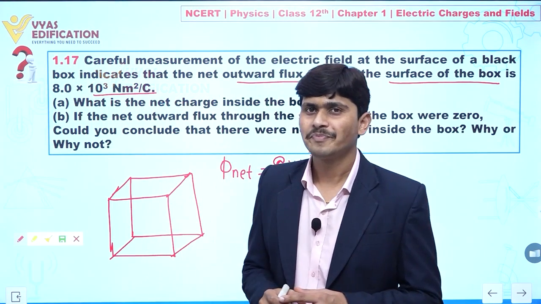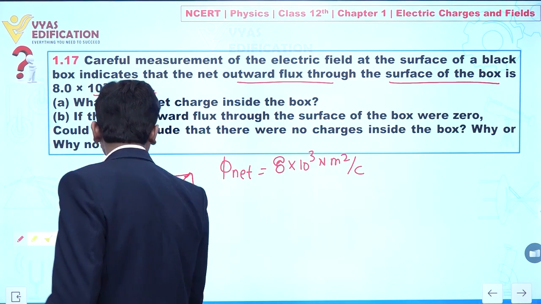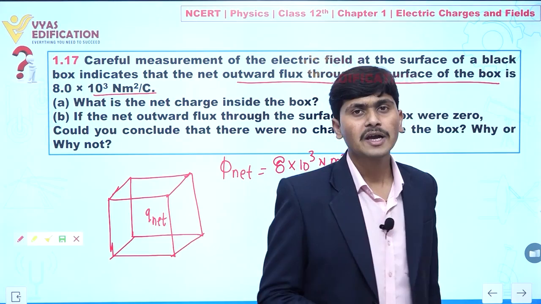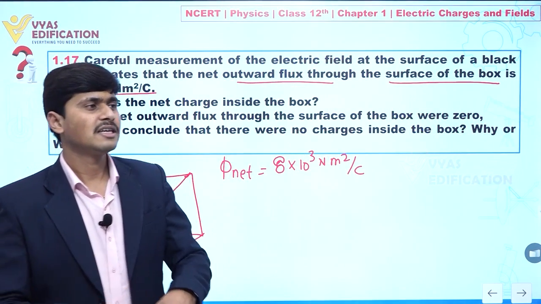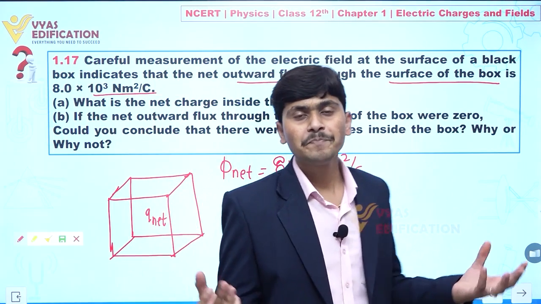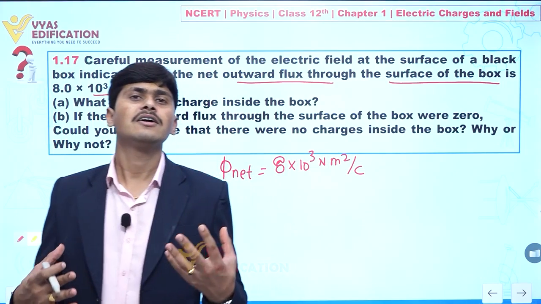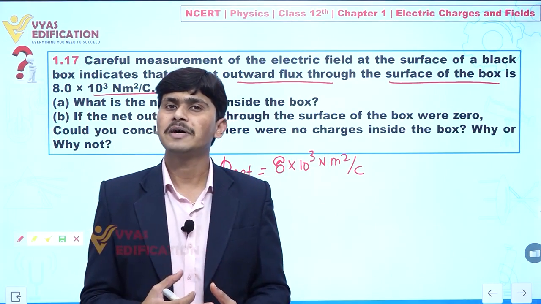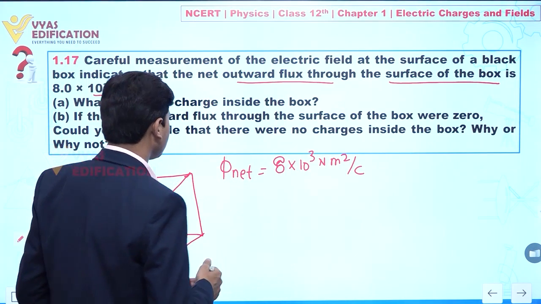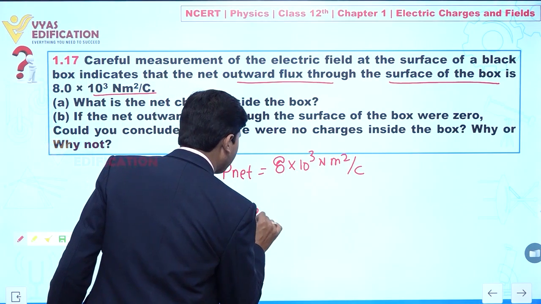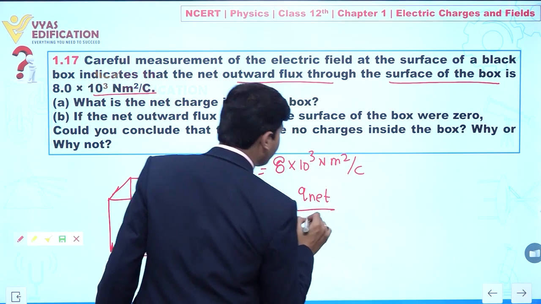Now listen carefully. Let's suppose we place some charge here, and let's suppose the value of the net charge is Q net. Definitely inside this box we have a charge, and the electric field lines from this charge go outside. So we will find a net outward flux passing through this box. We can say phi net is given by Q net divided by epsilon naught.